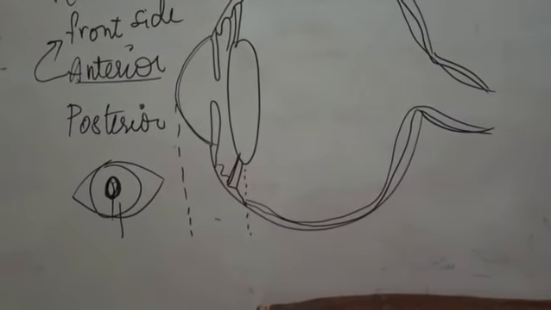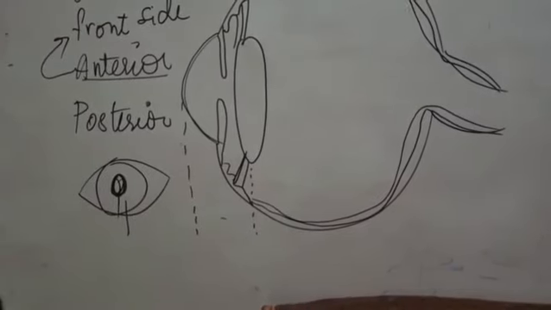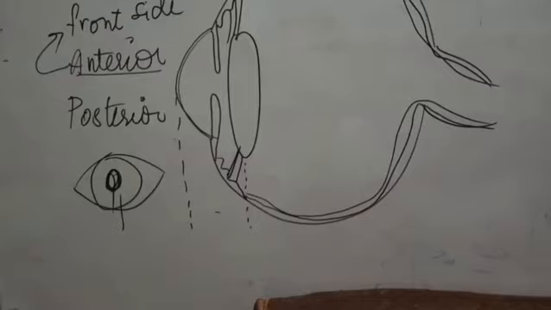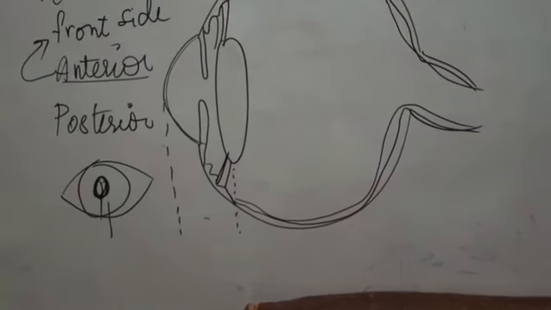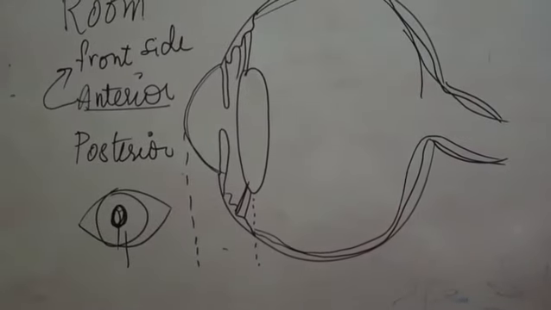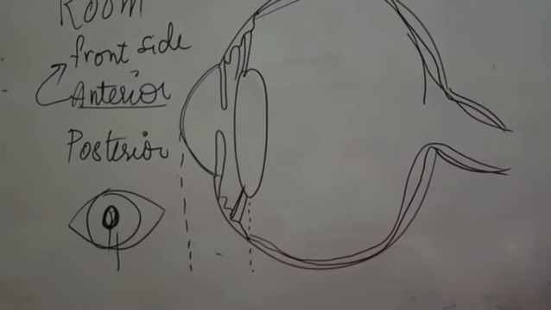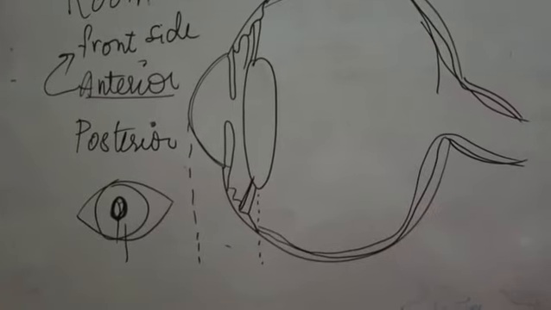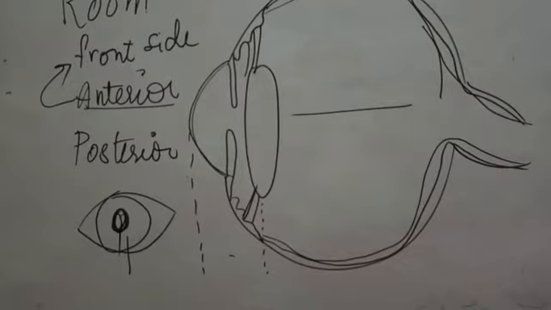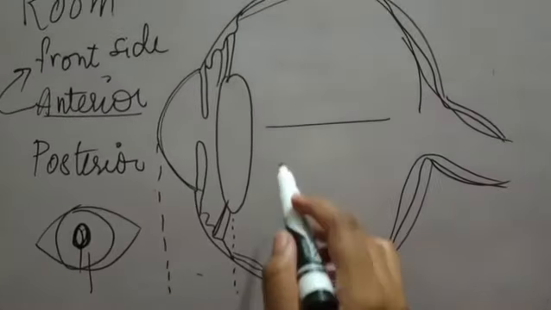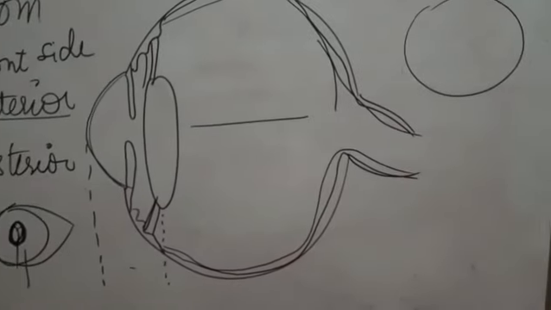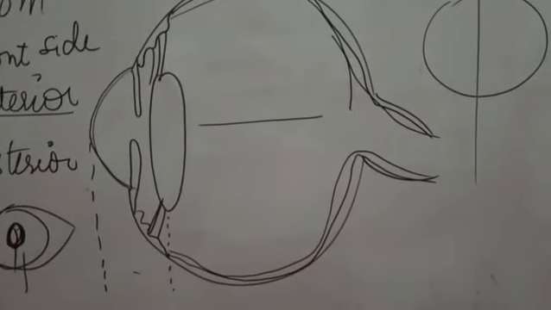And the posterior side involves all the structures that lie behind the lens and they are not easy to see, right? You all know the retina is seen by a 90D lens. It's not possible to see it with the help of the slit lamp alone, and along with it you cannot see the vitreous in so much detail, right? Assume this is a circle, cut it in half.